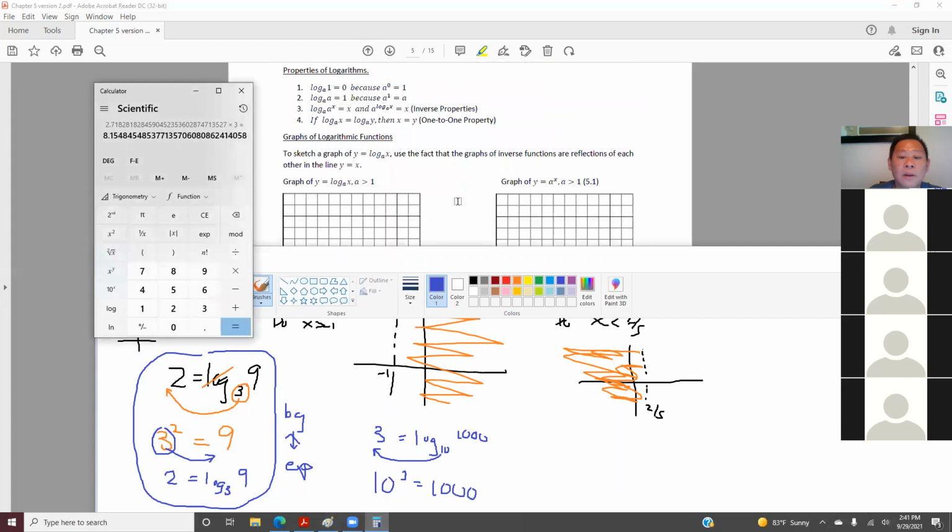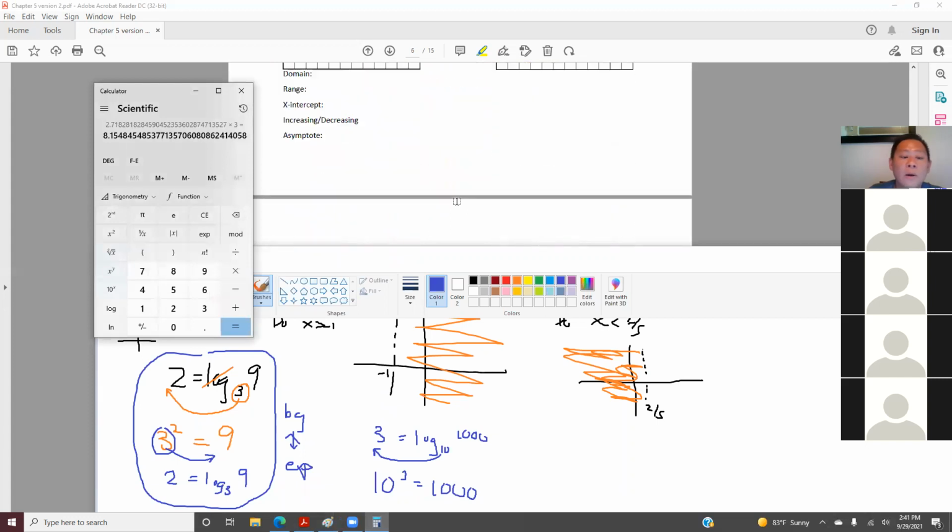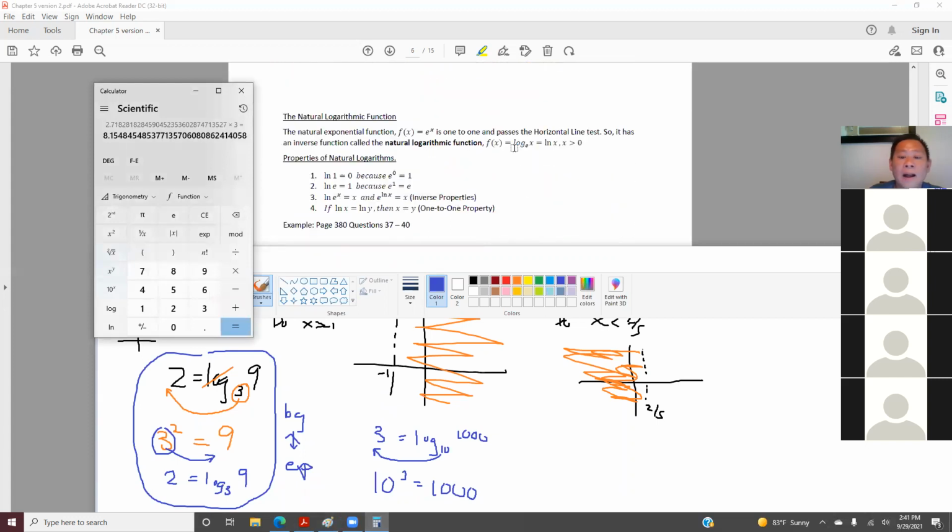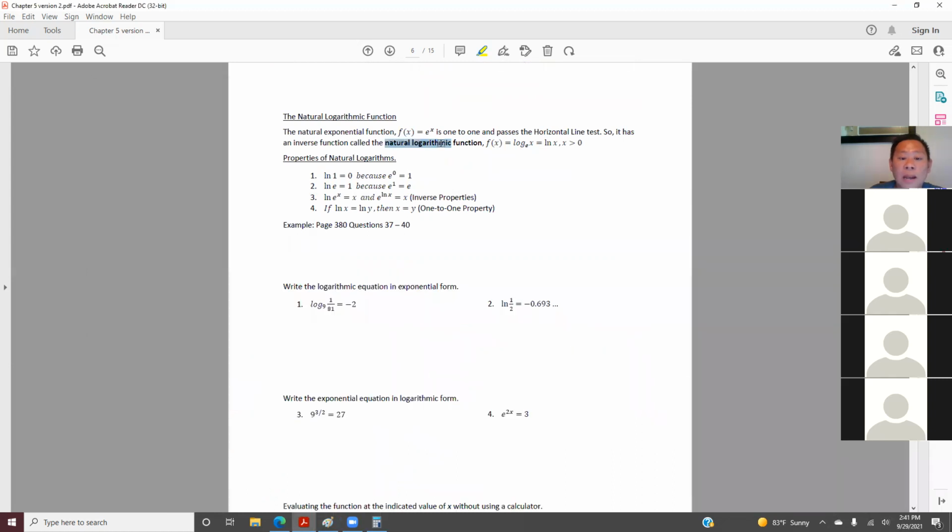And then I will tell you a little bit about the natural log. The natural log is called ln. It is log base e. That means that e^x has an inverse function, and that inverse function is the natural log, which is called ln.